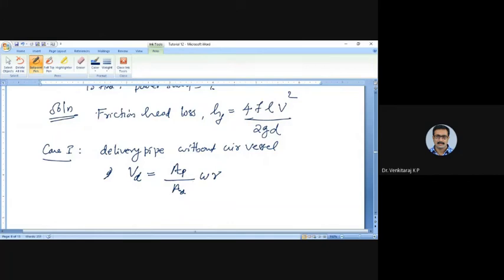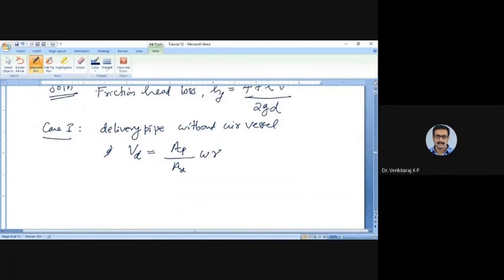Now let us substitute the values that are known.